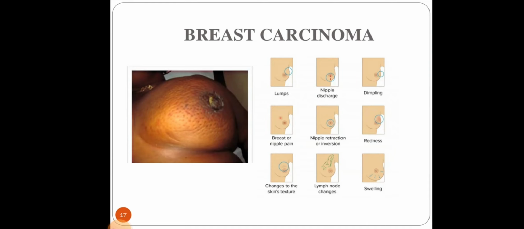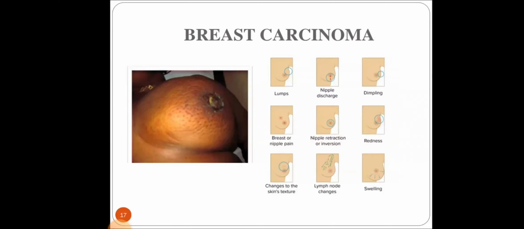In addition, there will be lymphatic involvement, lymphatic blockage, and lymphangitis. So as a whole, it is considered as having a poor prognosis. So that is about inflammatory carcinoma.